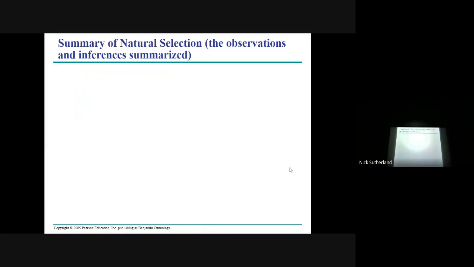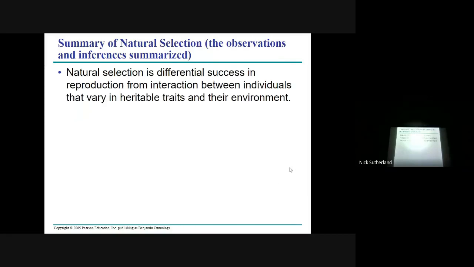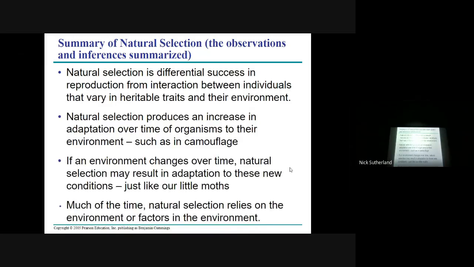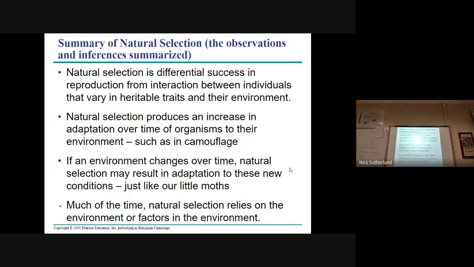I think this slide right here is going to be absolutely important for your understanding, and just an easy place to go to get the summarization of all natural selection. So maybe make note that this is something important that you should keep your eye on, and maybe use it as a study tool later. It puts into perspective everything we've talked about up until this point.